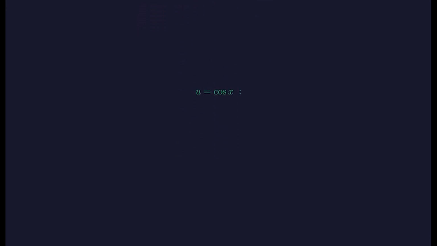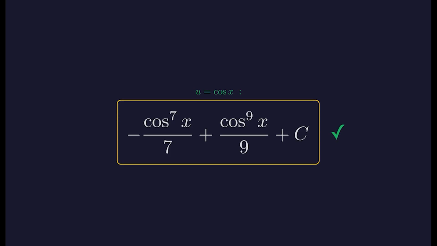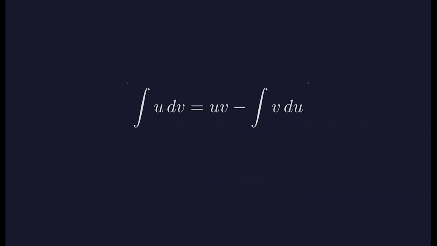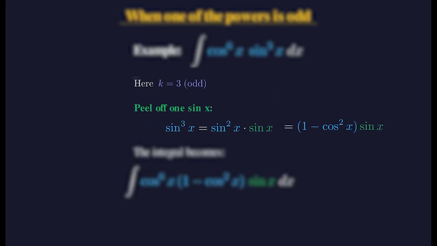Substituting that back, we get minus cosine to the power 7x over 7 plus cos to the power 9x over 9 plus c. And that's the final answer here. Clean, no integration by parts needed at all. Here it was simply a substitution, but you need to see the structure.